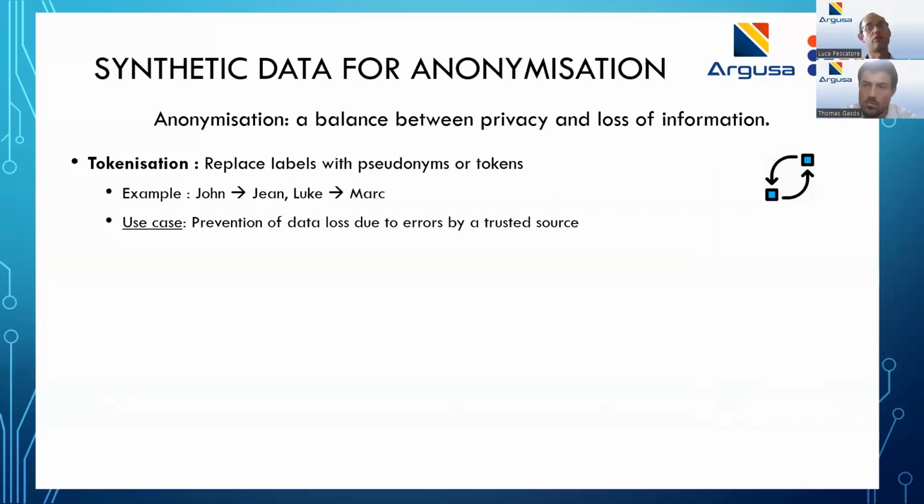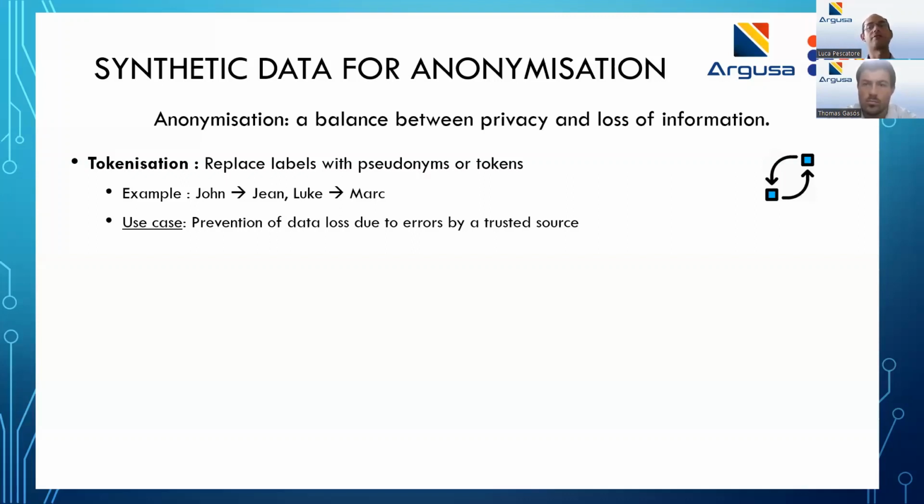So also what you can do with it, because if you lose too much information, you can do less. So the first level would be tokenization. This means replacing labels with pseudonyms. For example, you can replace John with Jean and Luke with Mark, or IDs as well.